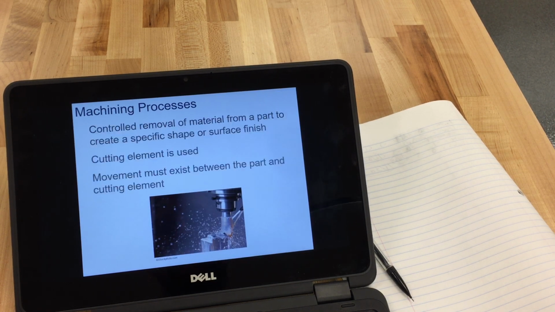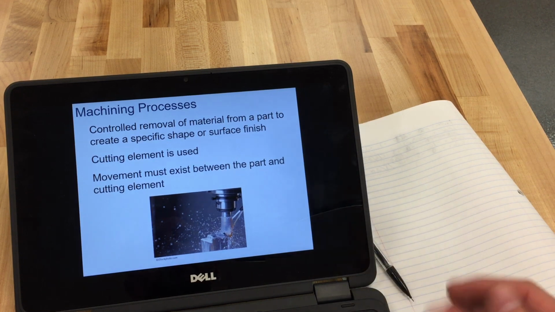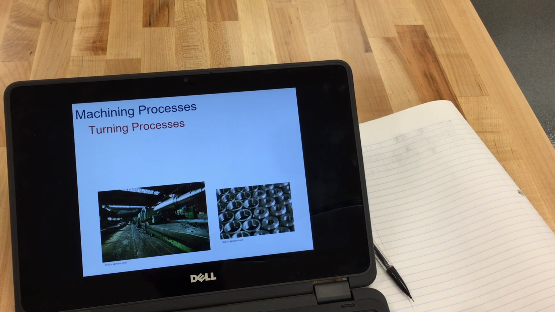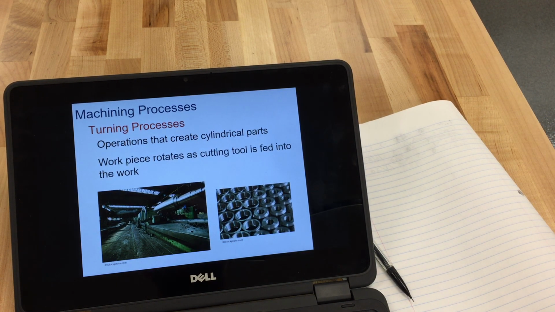Machine processing would be using some sort of drill or device to remove material. Cutting elements, like a mill, a lathe. Turning processes would be like a lathe, except in this case we may be doing things like creating threading to create cylindrical parts.